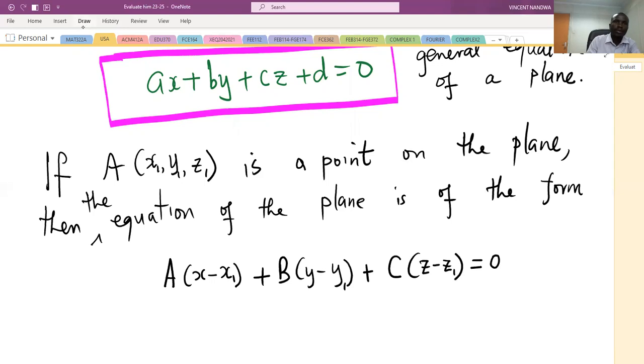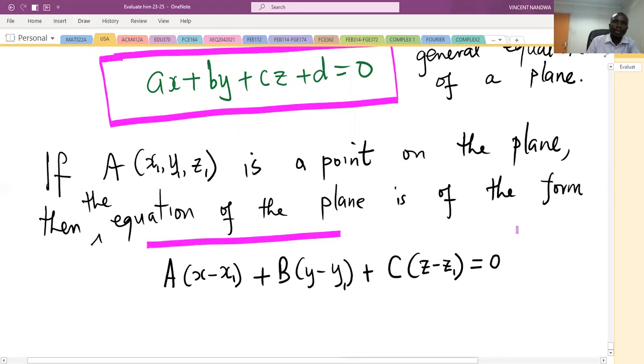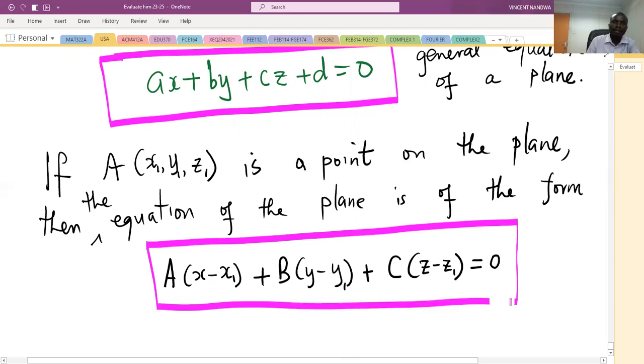So this is also another form of the equation of a plane, but it is specifically having the point x1, y1, z1.